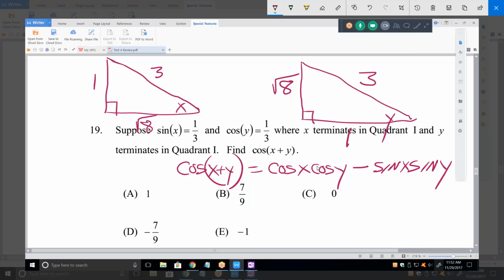All right, now let's figure out all 4 of these things. Tell me the cosine of x. Square root of 8 over 3. What's cosine of y? Square root of 8 over 3? No, cosine of y, or 1 over 3, sorry.